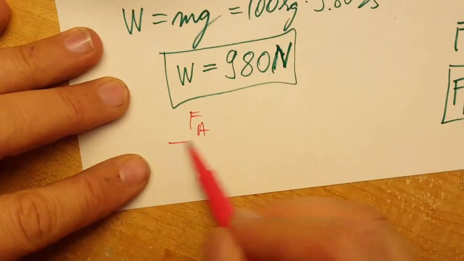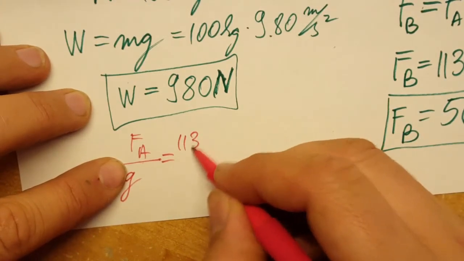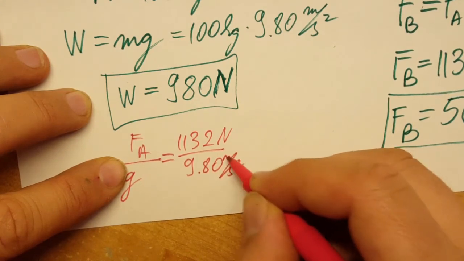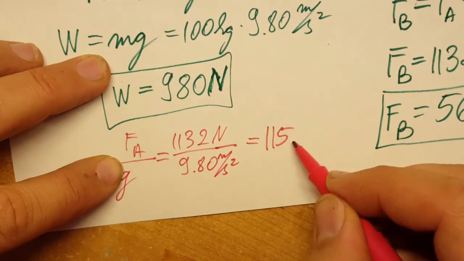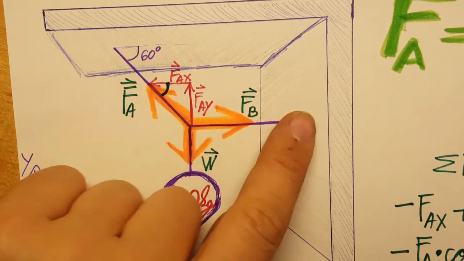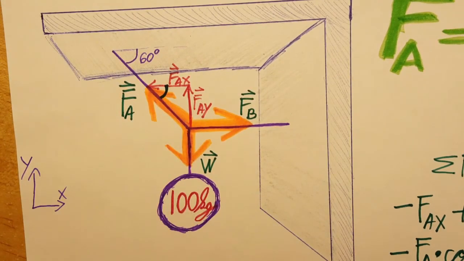Let's take FA divided by gravity, which is 1132 newtons divided by 9.80 meters per second squared, and this will give us 115.5 kilograms. So the cable or the rope that we're gonna be using here needs to be able to hold a weight that's bigger than 115.5 kilograms in order to be safe and make sure it doesn't fall on our heads.